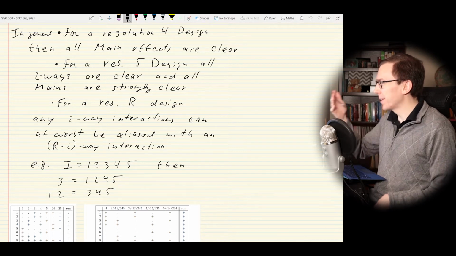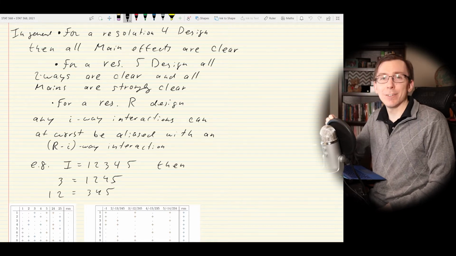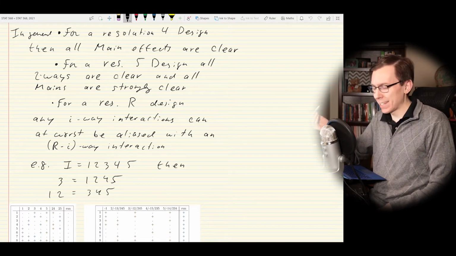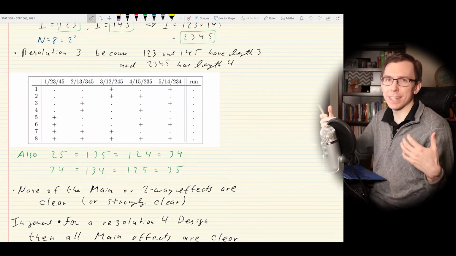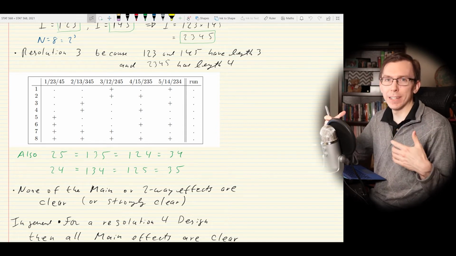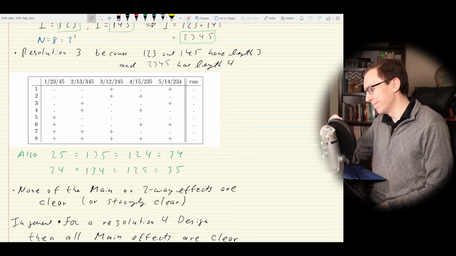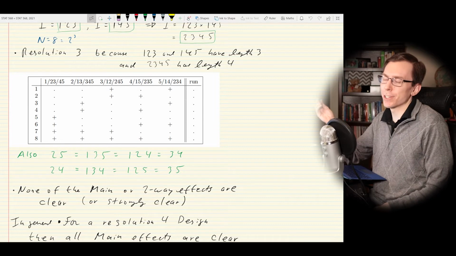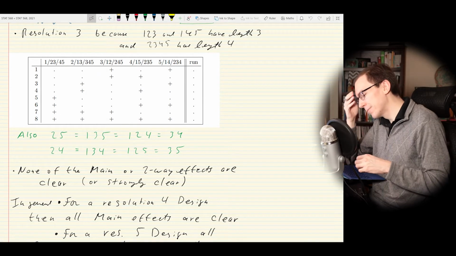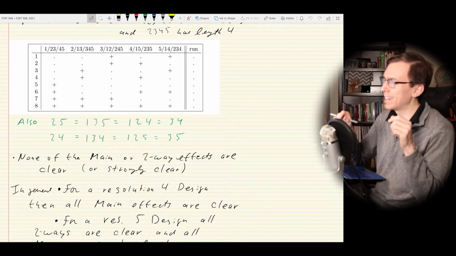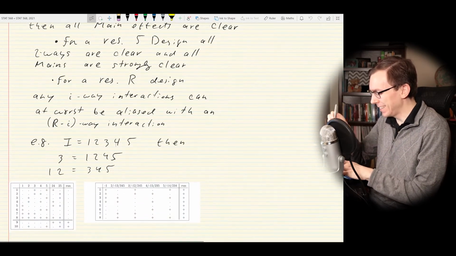So in summary, ideally, we would have a high resolution design, like a resolution 5 design, and not a resolution 3 design, like I started with up here, because in a resolution 3 design, some, if not all, of the main effects and interaction effects will be not clear. There is a chance that you could have a resolution 3 design where some main effects are clear and some are not. It depends on the setting. And also just to point out, you never want a resolution 2 design.